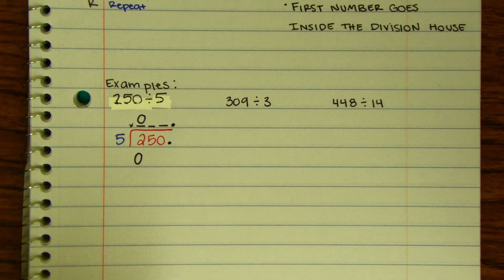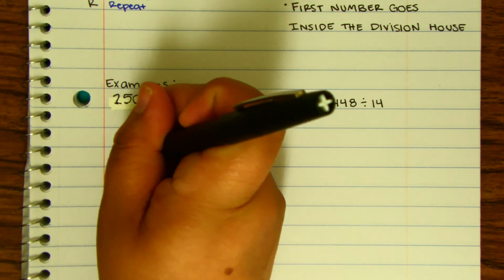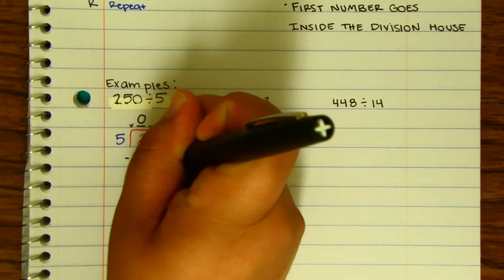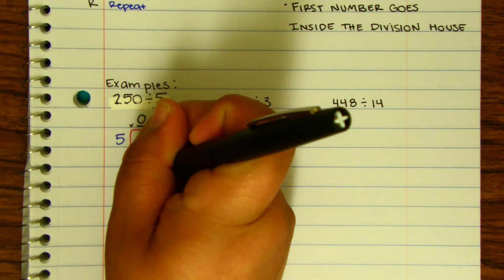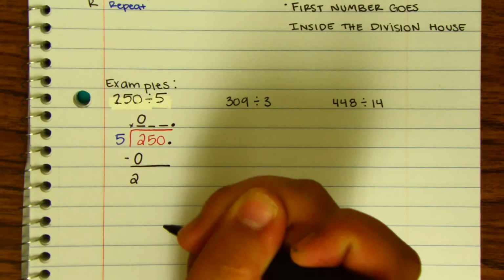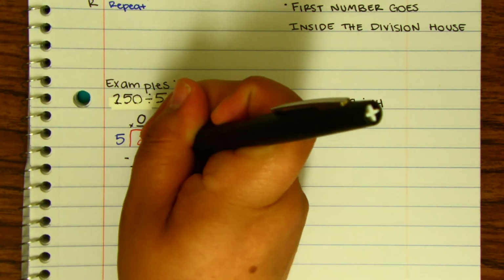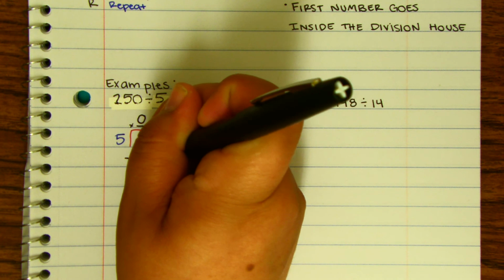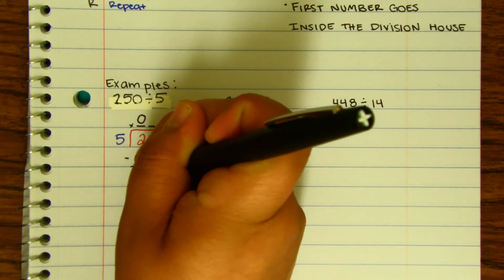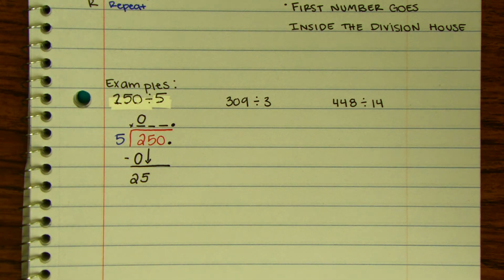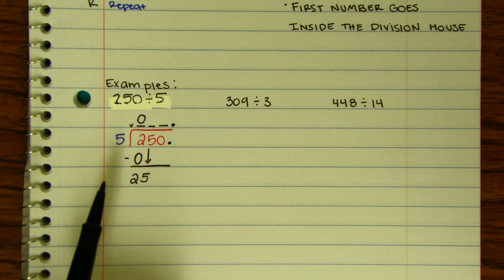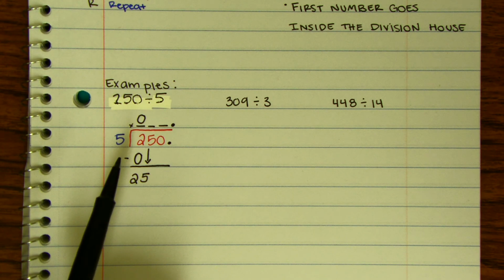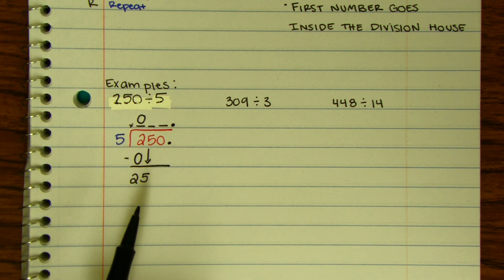My next step is to subtract. So I'm going to do 2 minus 0, and I get 2. Then I'm going to bring down the next number, which is a 5. And now I repeat the whole process again. So I start with dividing. I have to figure out how many times 5 can go into 25.